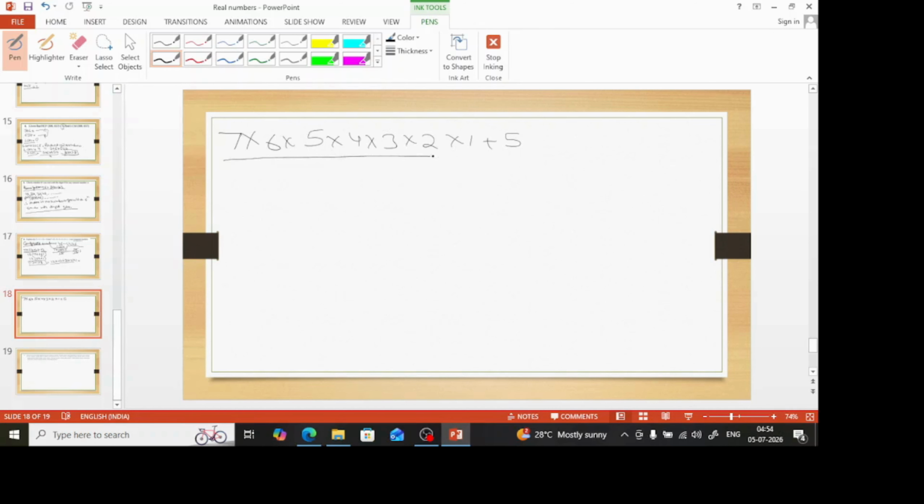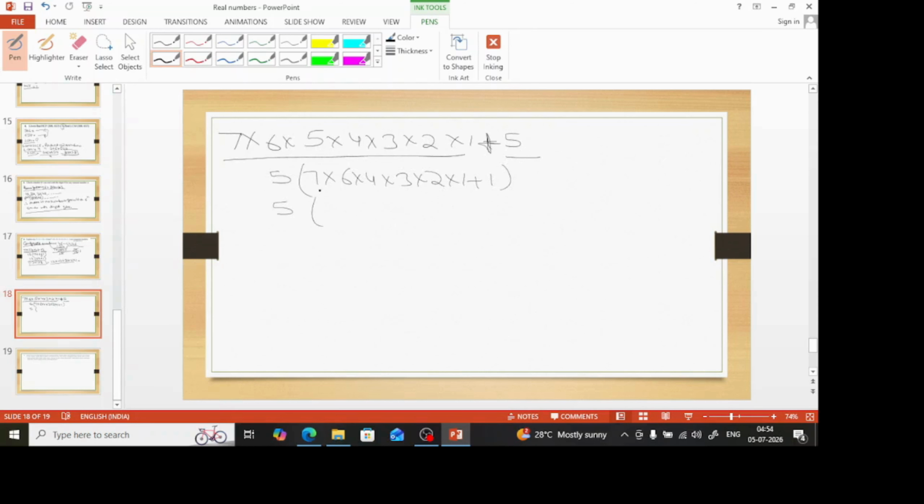Here, first we will make a partition. Here the plus sign comes, so we will make two parts: first part, second part. Here we will see that 5 is common in both of them. We will take 5 common. We are left with 7 into 6 into 4 into 3 into 2 into 1 plus 1.